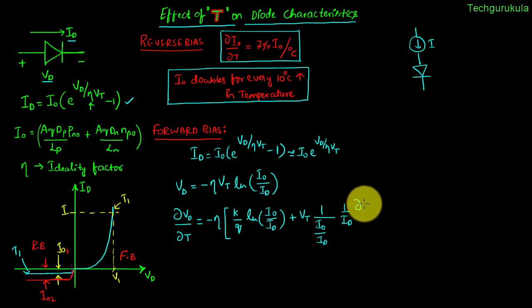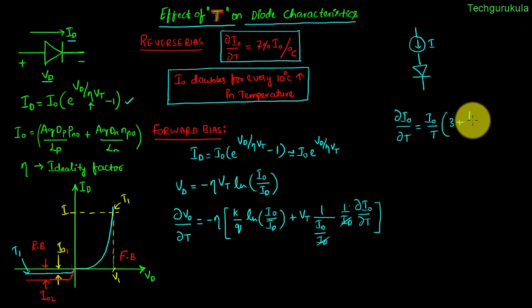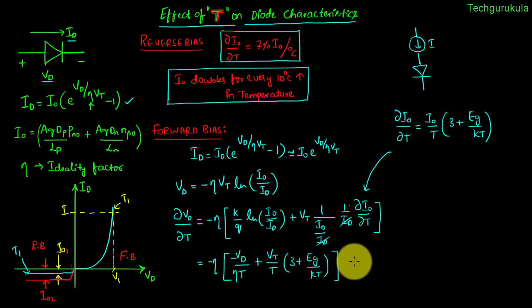Now Id would get cancelled, and we know the expression for del I naught over del T, which is I naught over T times (3 plus Eg over kT). We can substitute this expression into this equation. This can be rewritten and further reduced to Vd over T minus eta Vt over T times (3 plus Eg over kT).